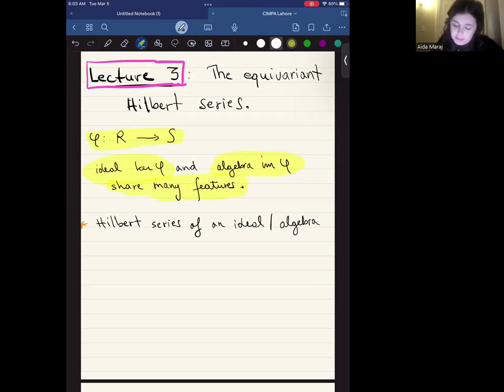Okay, so let's now go back to some old-fashioned commutative algebra in the finite setting.